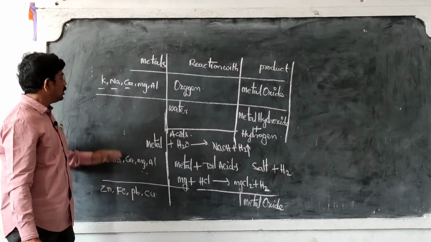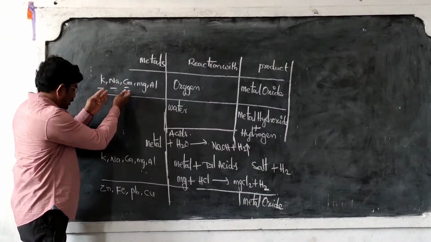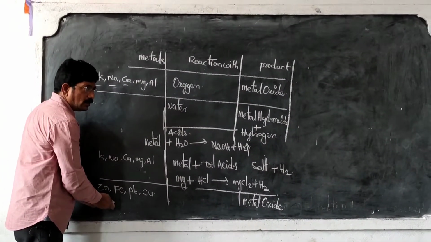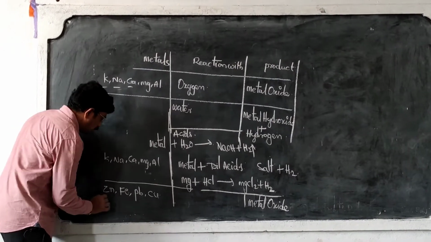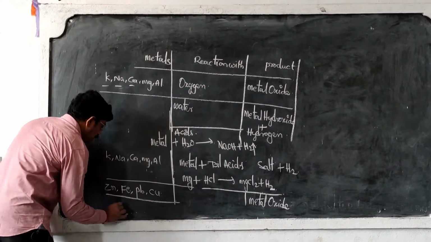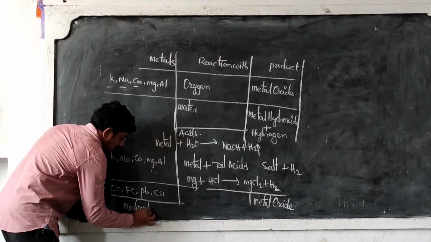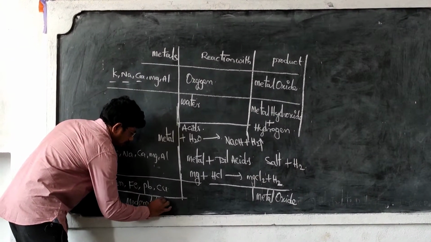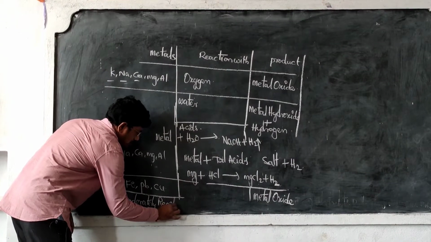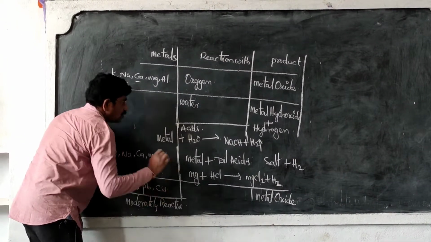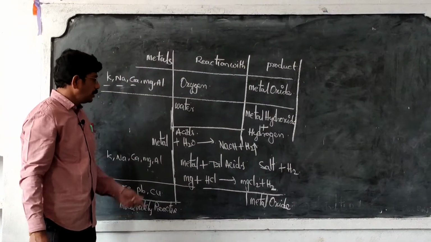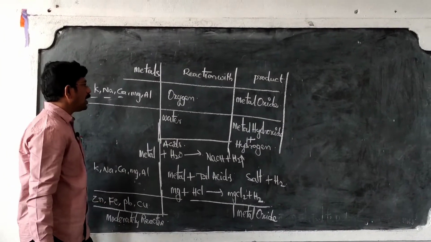Are you clear? So when you compare to these, they are moderately reactive. So these are placed in the moderately reactive group. Are you clear? Next, they also react with acids.